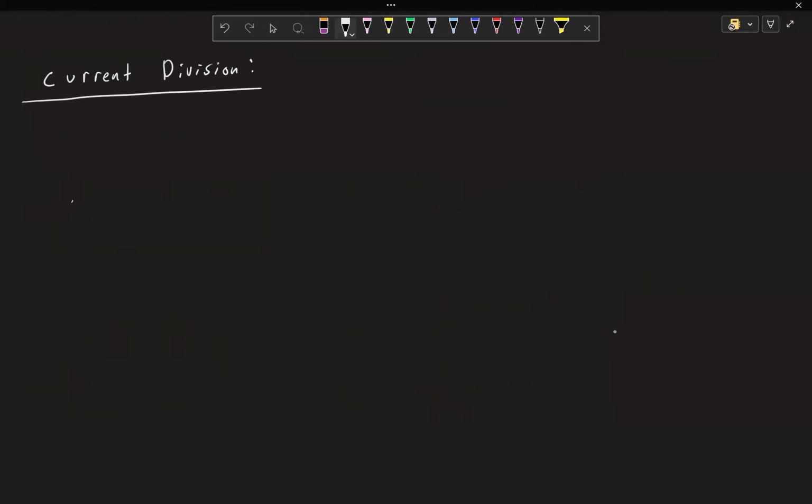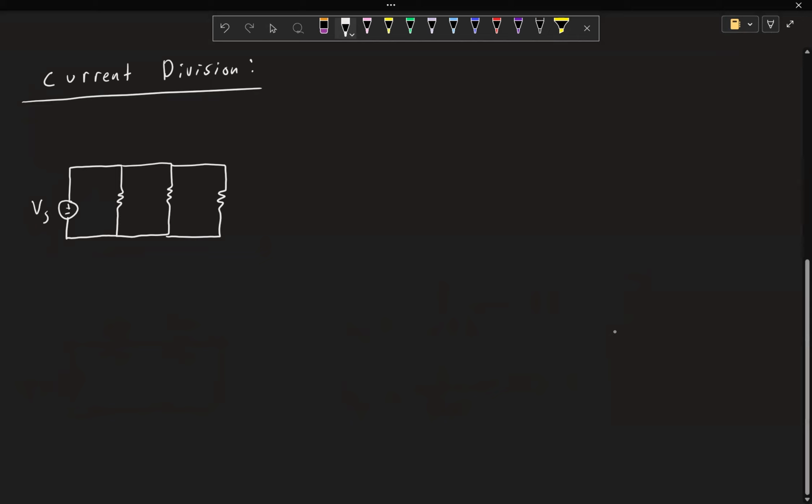Let's say we had a similar setup as before, but now, instead of the resistors being in series, they are in parallel. So now, if we wanted to find the current through any of these resistors, let's say I1, I2, I3, we can use current division.